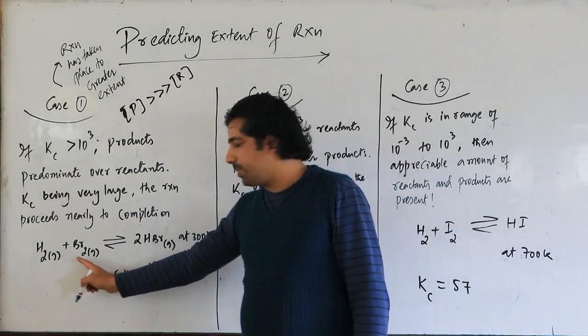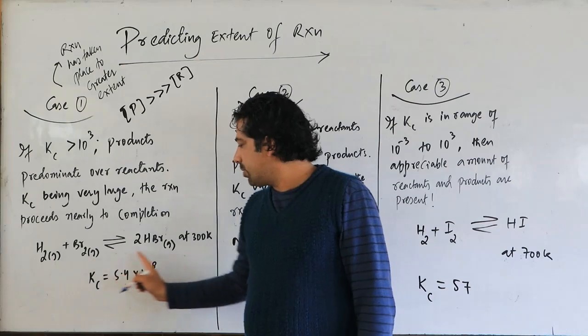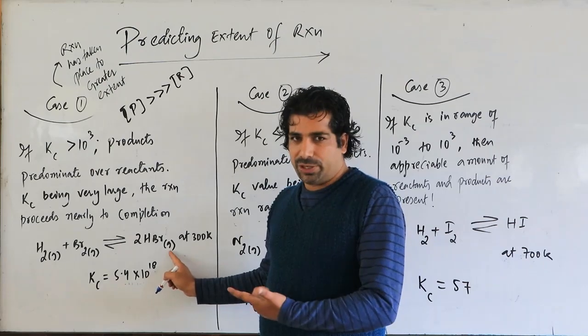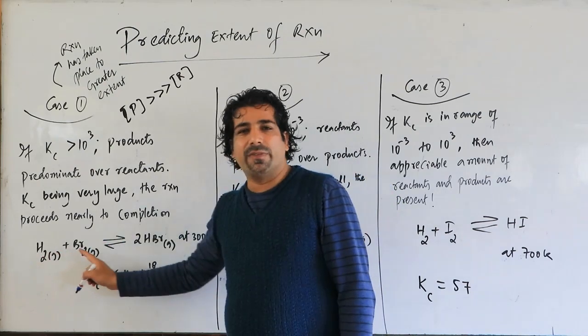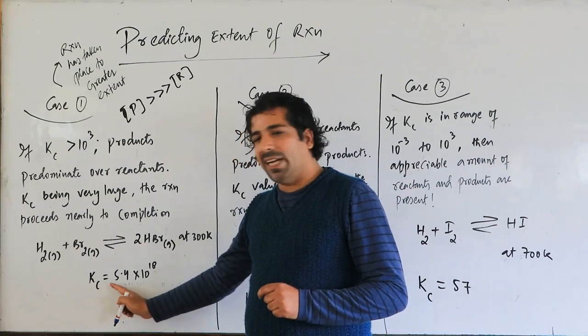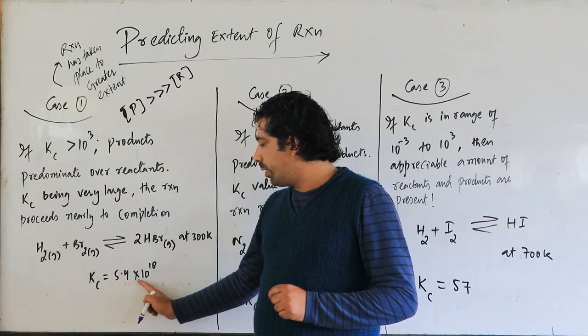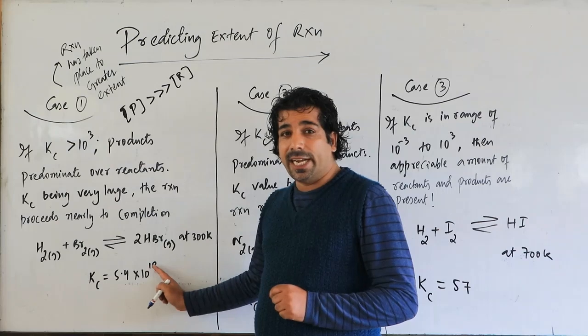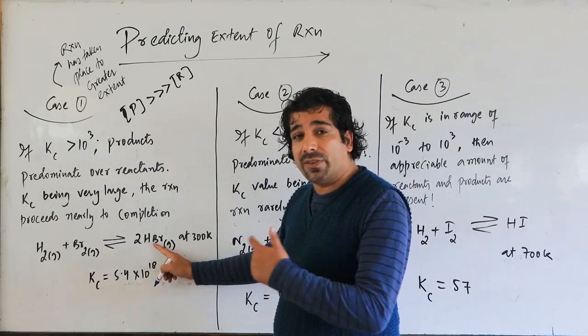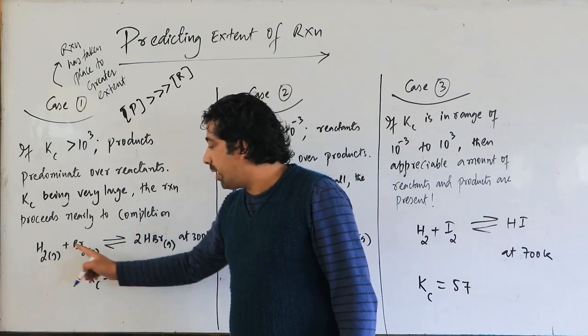Look at this reaction. Reactants are changing into products, and in this particular reaction HBr will be very large while these two reactants will be in very small concentration, because you can see here the Kc value is 5.4 into 10^18. That means the HBr will be far greater than H2 and Br2.